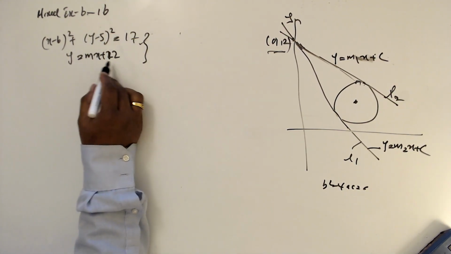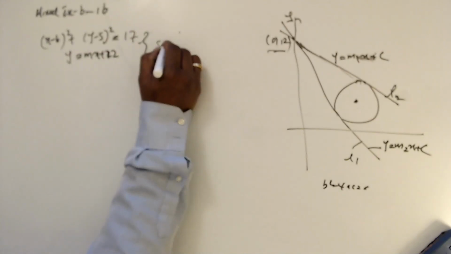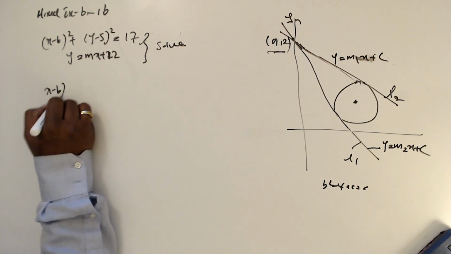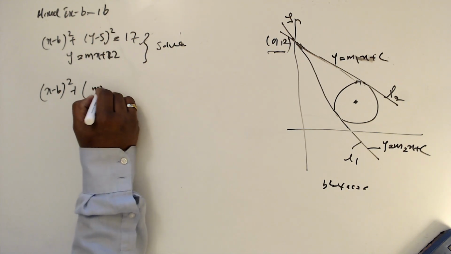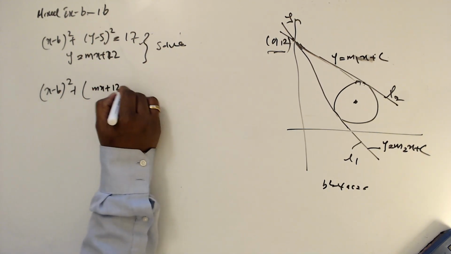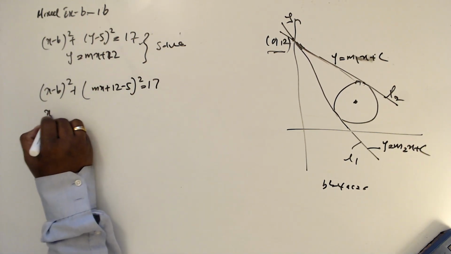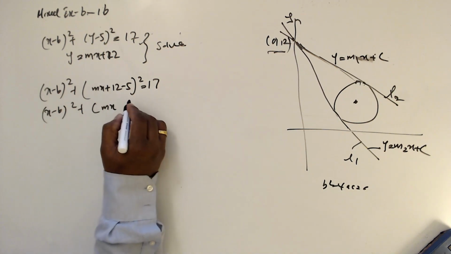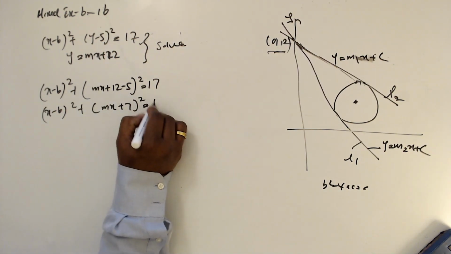y equal mx plus 12 and this one, x minus 6 square plus y, which is mx plus 12, minus y square equals 17. x minus 6 square plus mx plus 7 square equals 17.